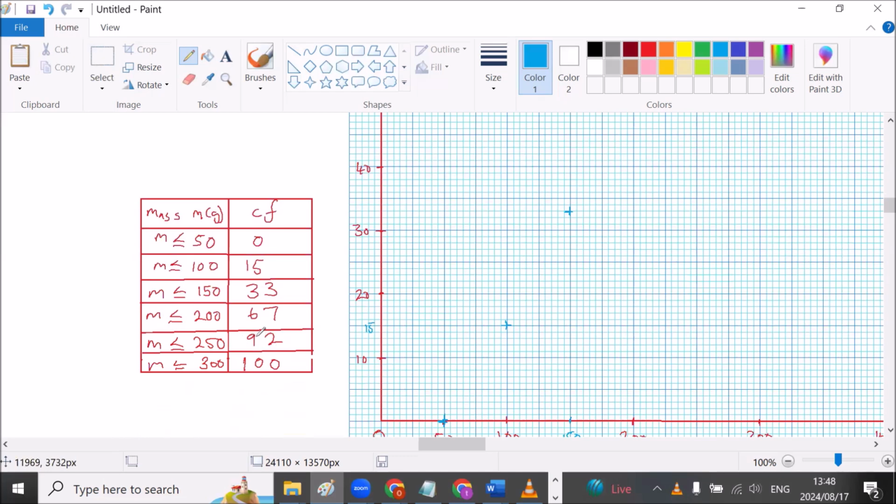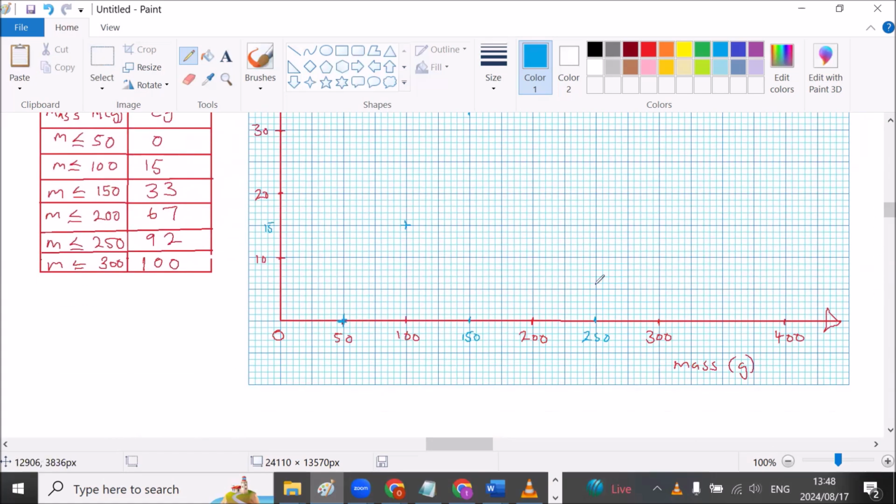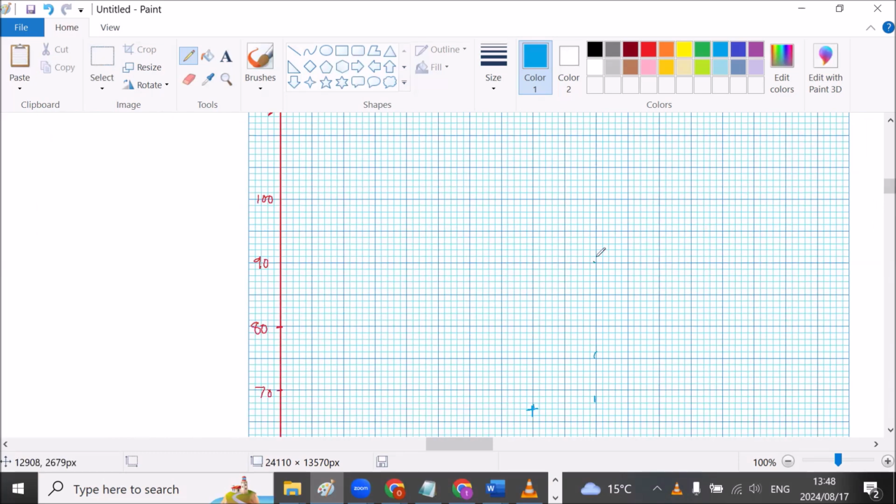And 92 apples weigh up to 250 grams. So we go to 250, which is here, go up to 92. 90 is here, 91, 92. So this is the point we are looking for.